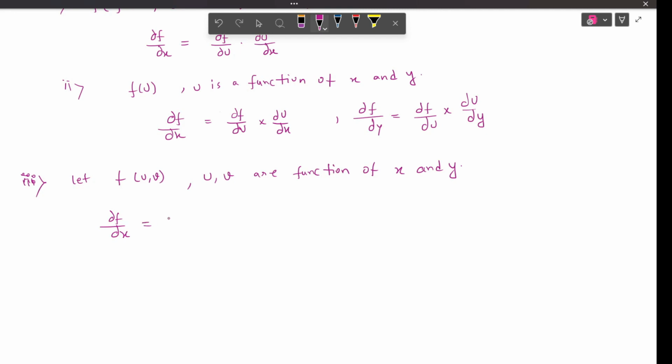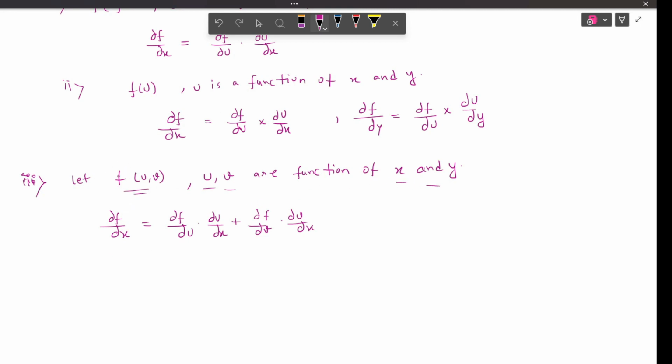This we can write as ∂f upon ∂u into ∂u by ∂x plus ∂f upon ∂v into ∂v upon ∂x, because f is a function of u, v and u, v are functions of x and y.